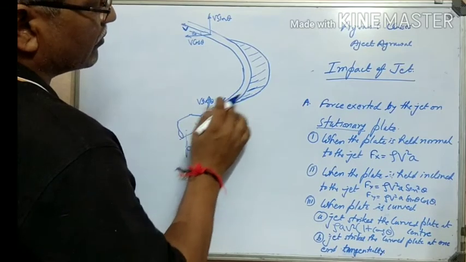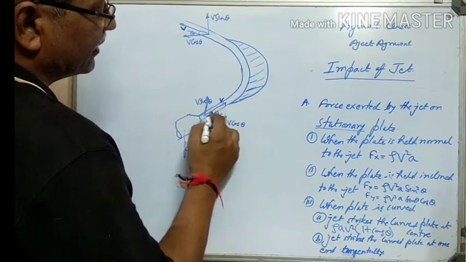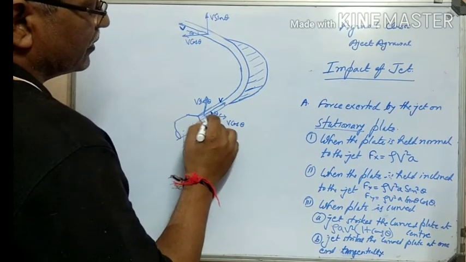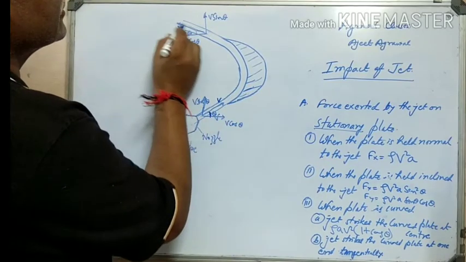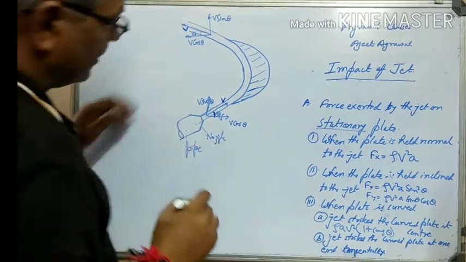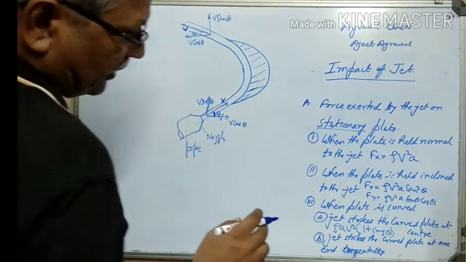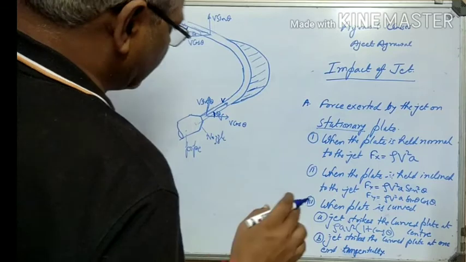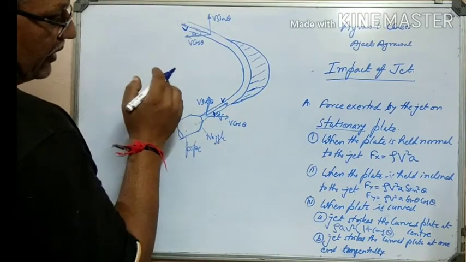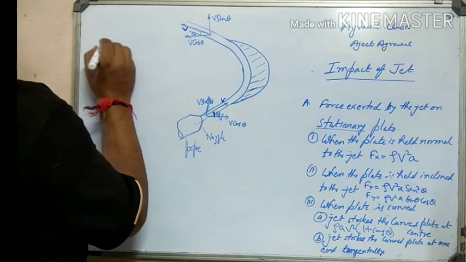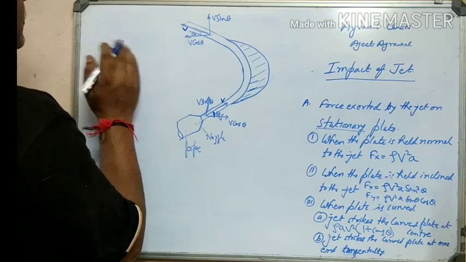Let the jet make an angle of theta degrees with the x direction at the inlet point and theta degrees at the exit point, as shown in this figure. Now we will find the initial and final velocity in the x direction, and we know the mass flow rate. So the change in momentum is equal to the force.